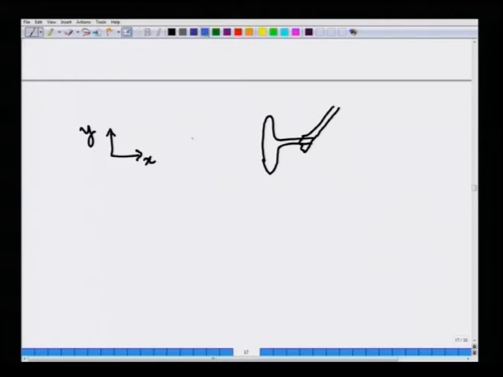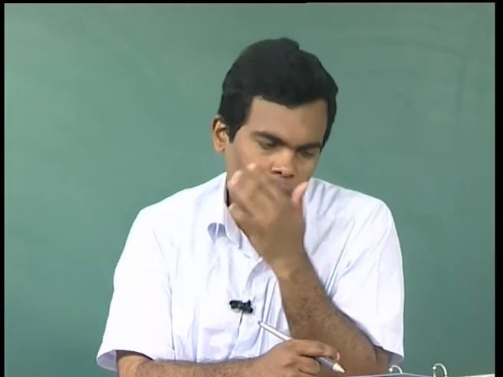Now, let me draw the jet with blue color. It's going like that. Now, the CV which I am going to draw with red color does not include the solid surface, it just adjoins the solid surface, and it encloses the fluid that is trying to impinge on the solid surface.